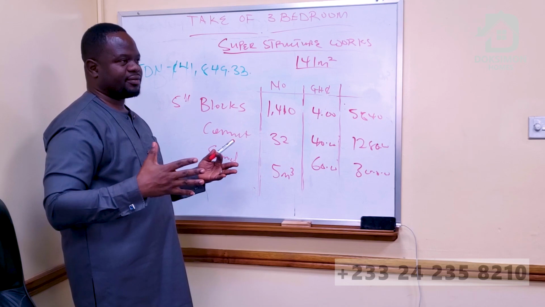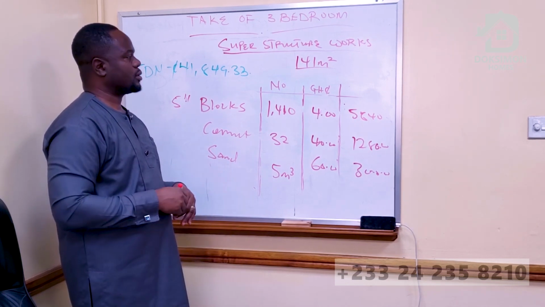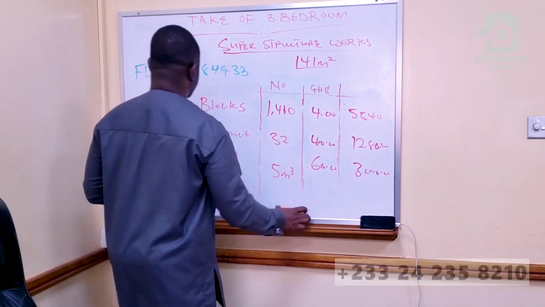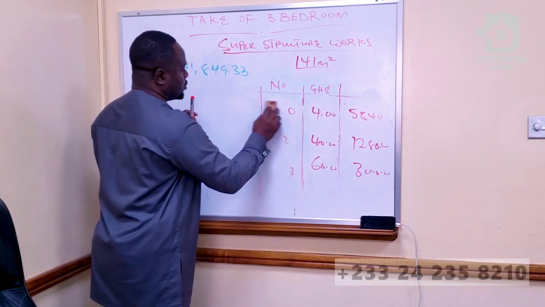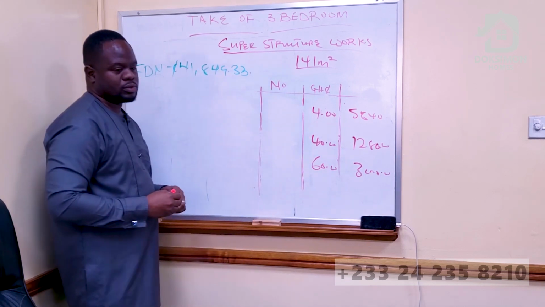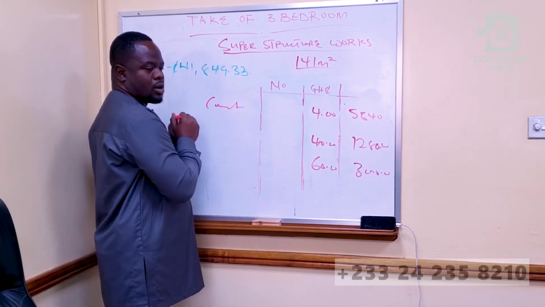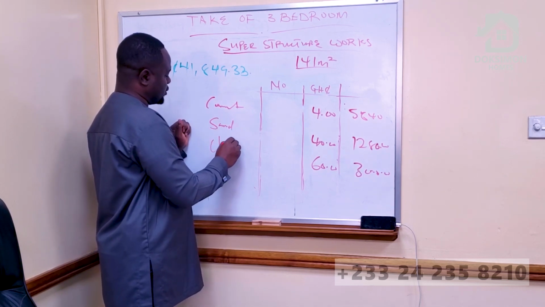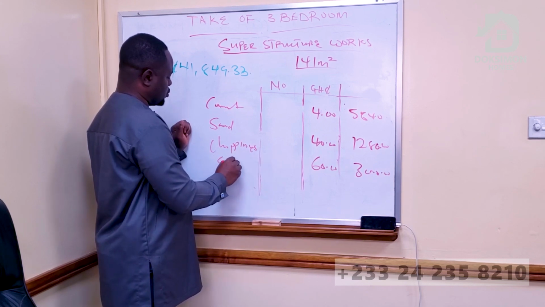Now every joint needs bonding, so we have the concrete that goes into it. With the concrete that bonds the blocks together, we also need cement, sand, and chippings or stone.